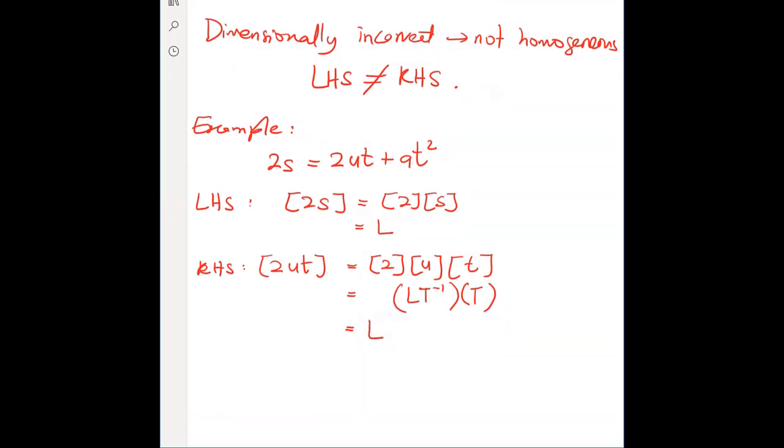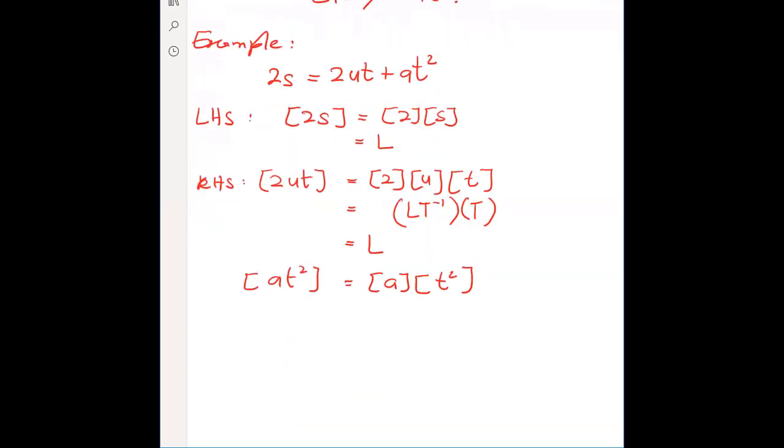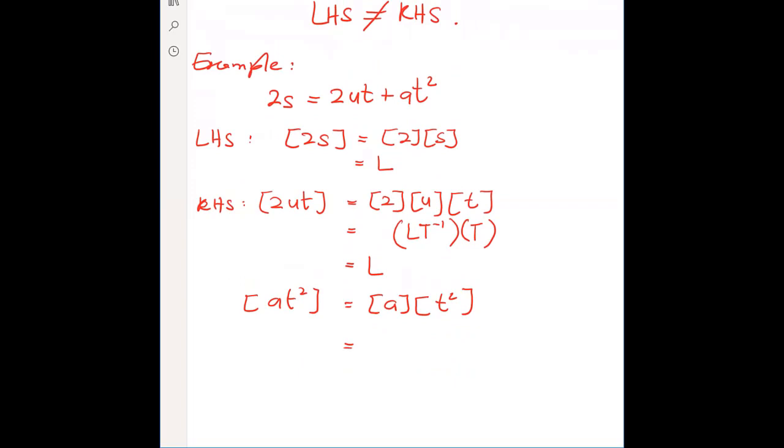The other term on the right hand side is at square. Again, the dimension of a and the dimension of t square. Earlier we already did the acceleration, which is L T negative 2, times T square. You have T negative 2 and T power of 2, so you can cancel them.